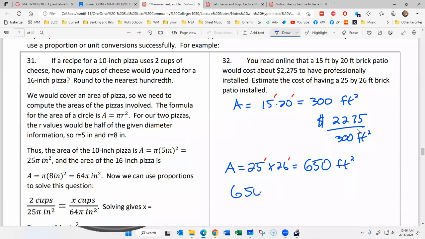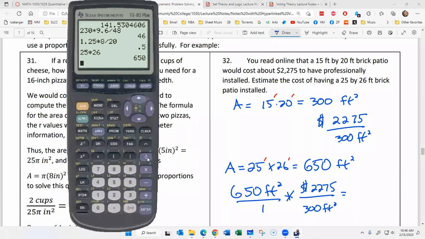We can now take 650 square feet, put it over 1, and use this conversion factor that converts from square feet into money. And this will give us an approximation.